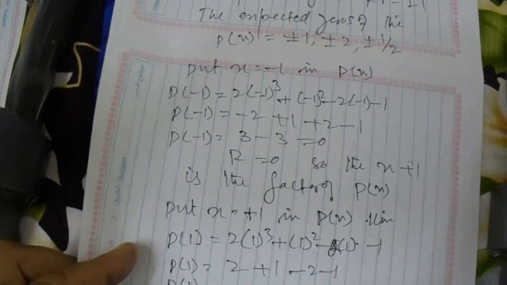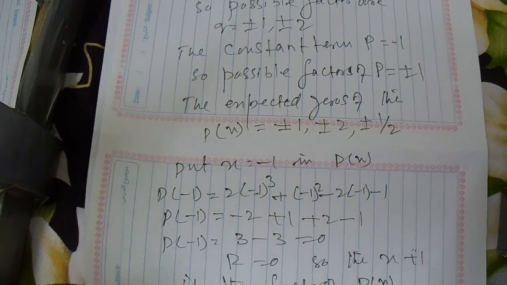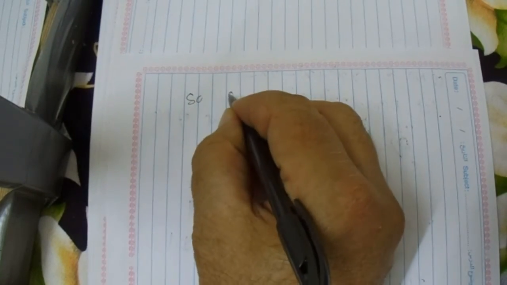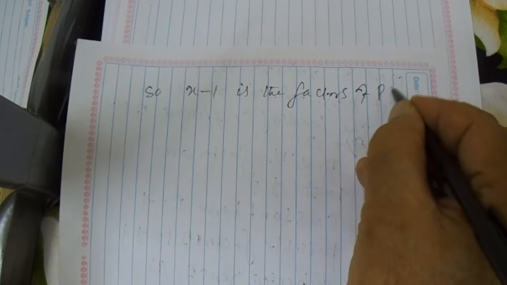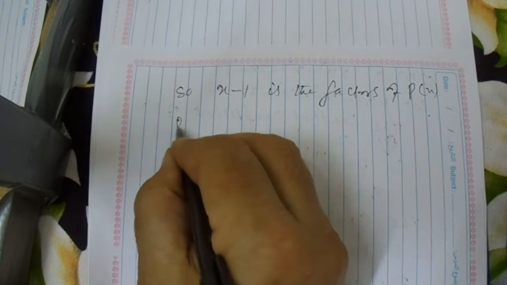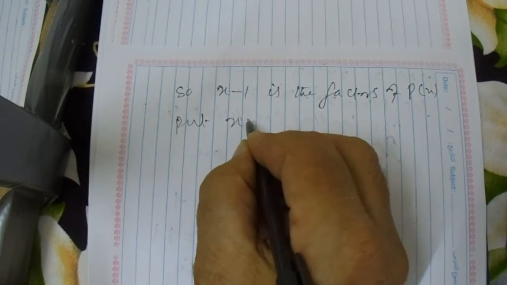R = 0. So x − 1 is a factor of P(x). Now put again x = −1/2 in P(x).